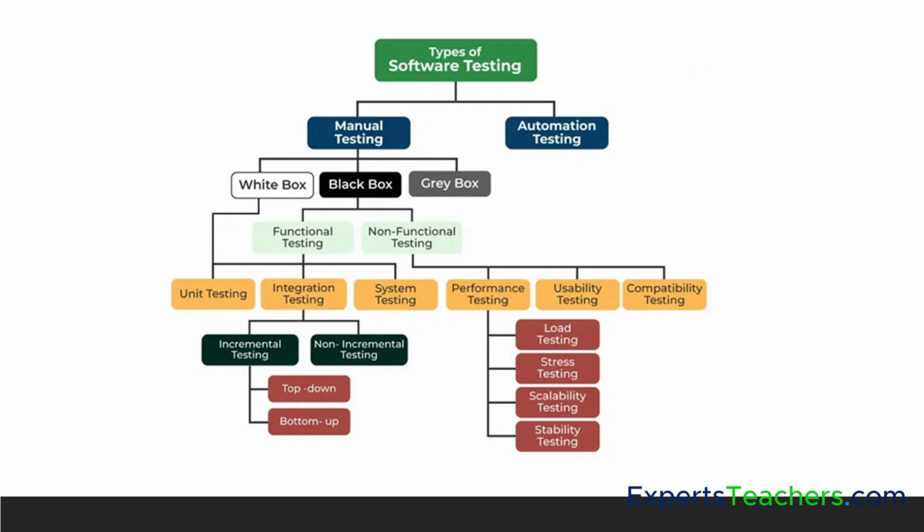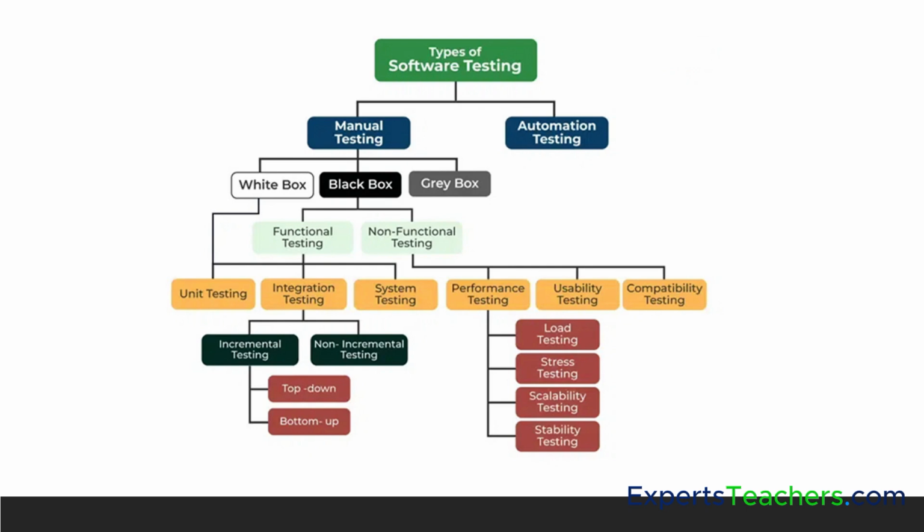Consider as an example an automation tester using Selenium Java. In Selenium there is a requirement of coding, and he needs to write the code using Java or some other language like Python.